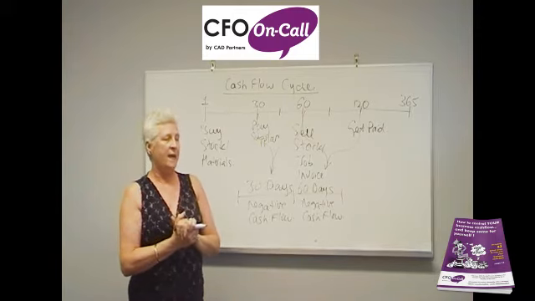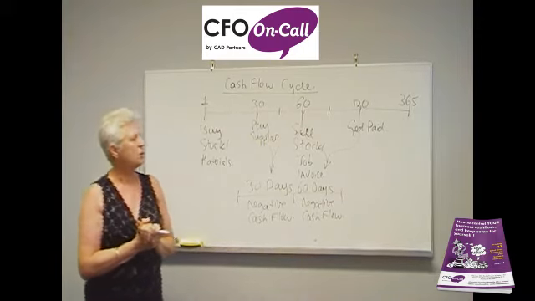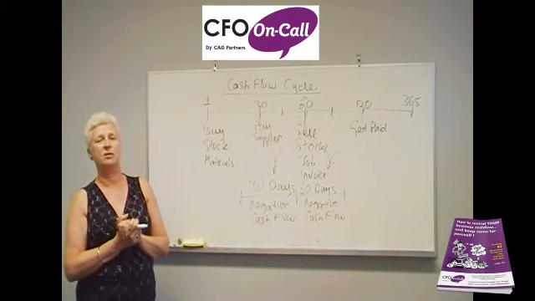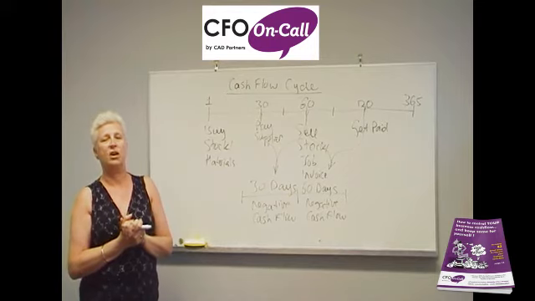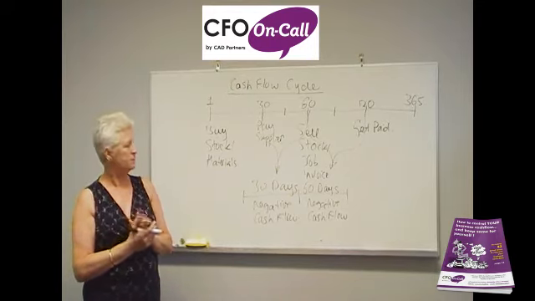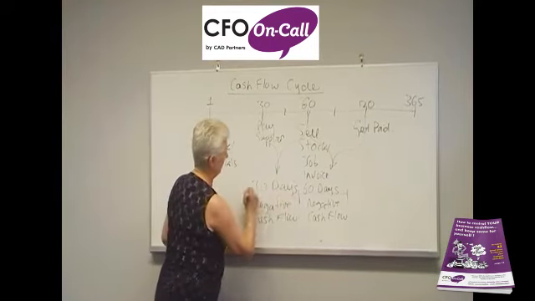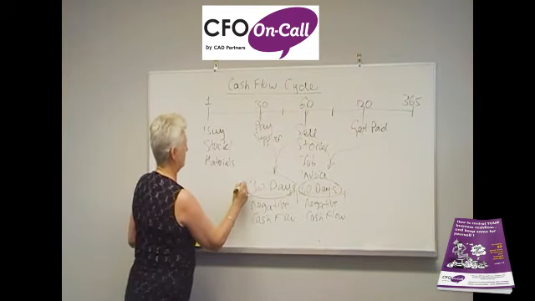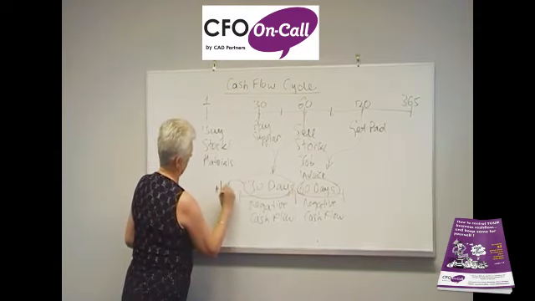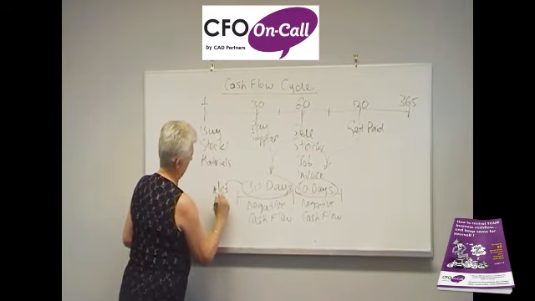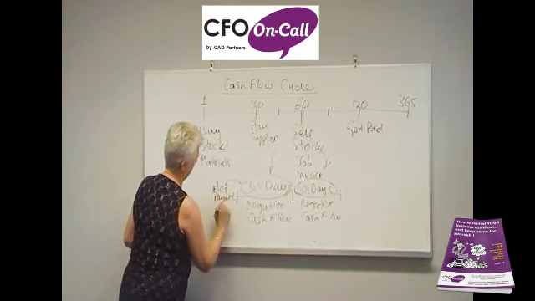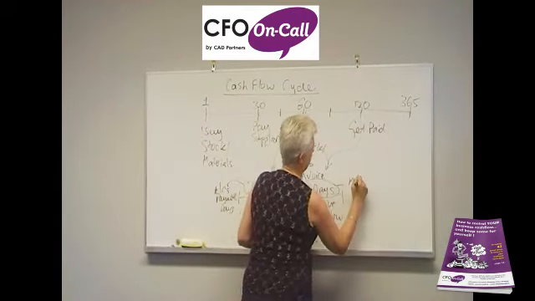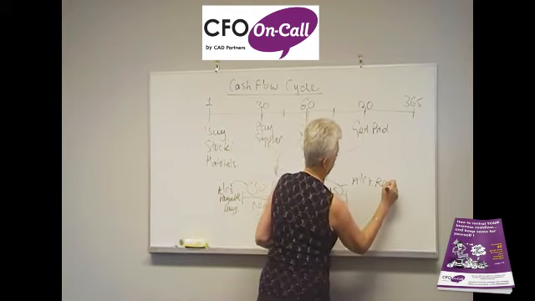And at CFO on Call, we've actually written a book on this subject, and it's called The 7 Key Numbers That Drive Profit and Cash Flow. Of those 7 key numbers, these two are accounts payable days, and accounts receivable days.